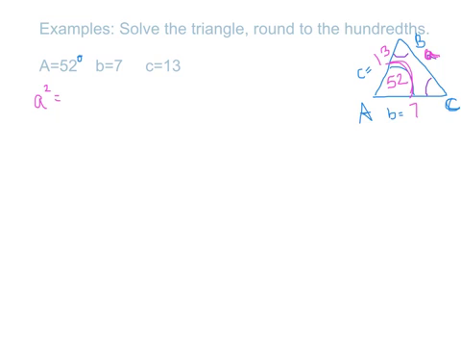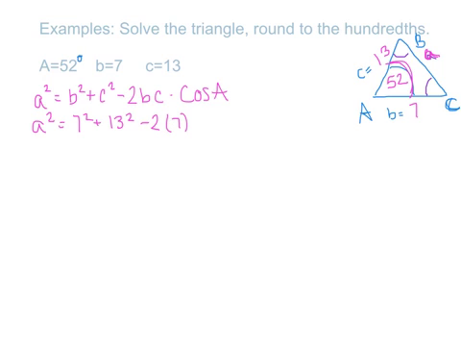So A squared equals B squared plus C squared minus 2BC times the cosine of A. Don't know A, but I do know B and C, so I'd have 7 squared plus 13 squared minus 2 times 7 times 13 times the cosine of 52.